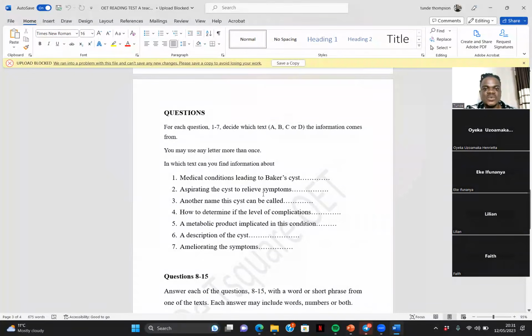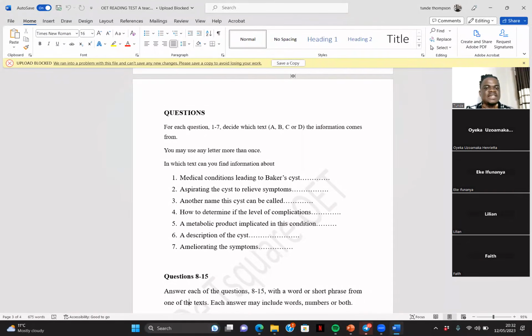Aspirating the cyst to relieve symptoms. Now you ask yourself, this question says aspirating the cyst to relieve symptoms. In another way, what do you think this question is asking you? Your text A said definition, text B said causes, C investigation, and D treatment.